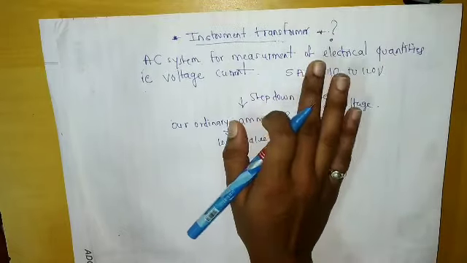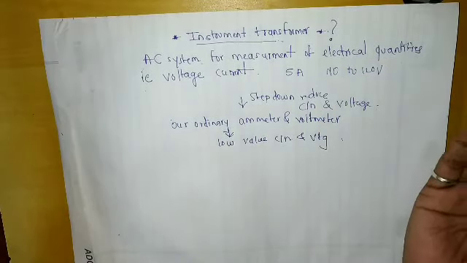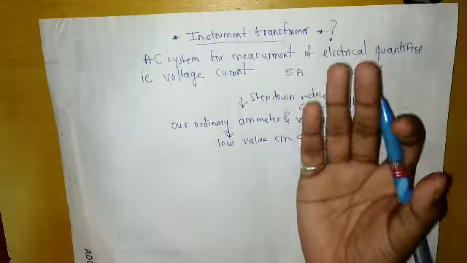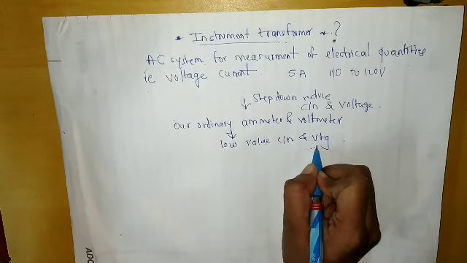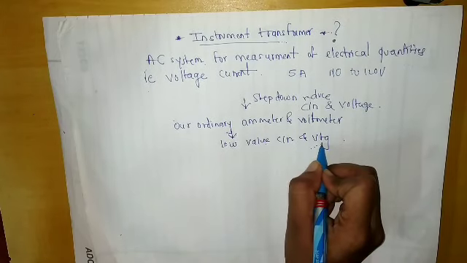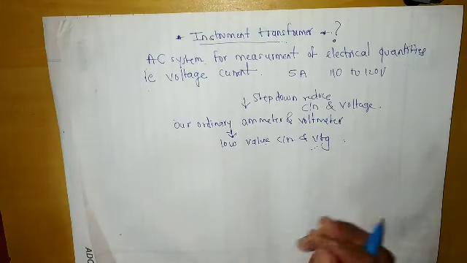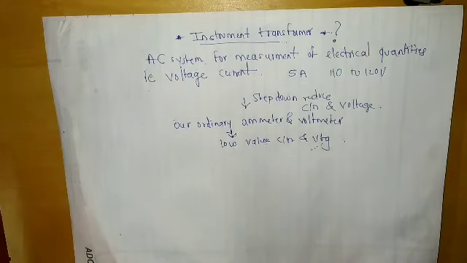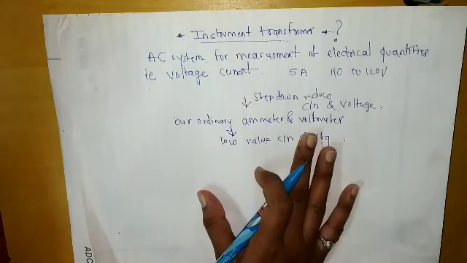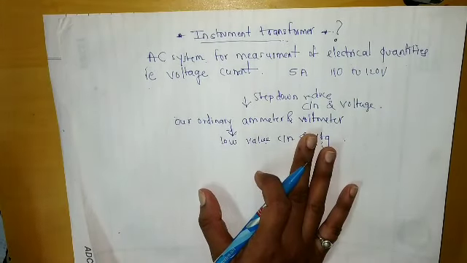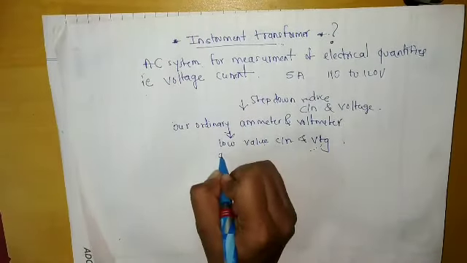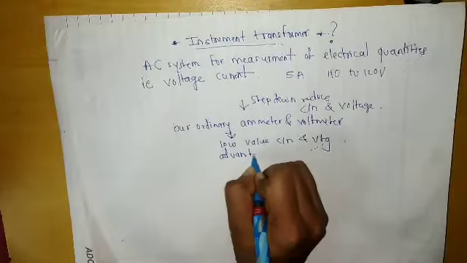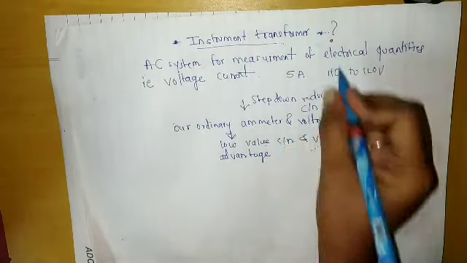So if you want to measure large electrical quantities like voltage and current, what can we do? We can use instrument transformers. We will see the construction of that particular instrument transformer. So what is the main advantage that we have understood from this?